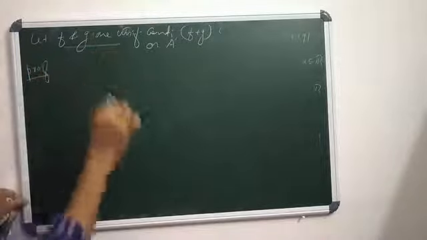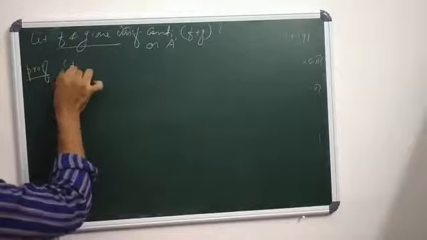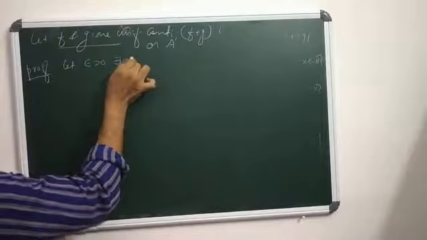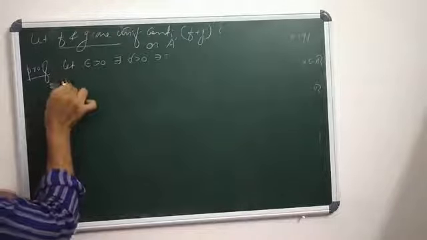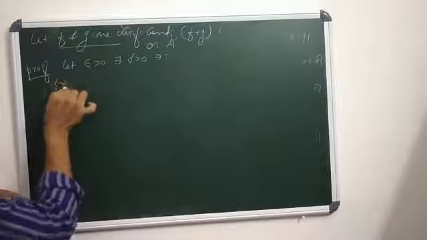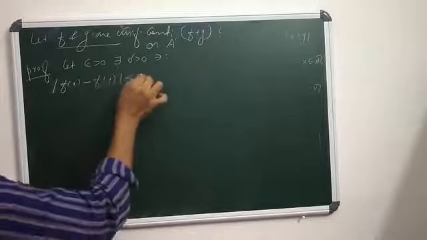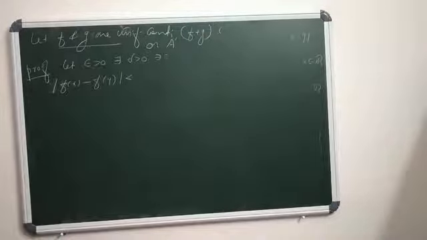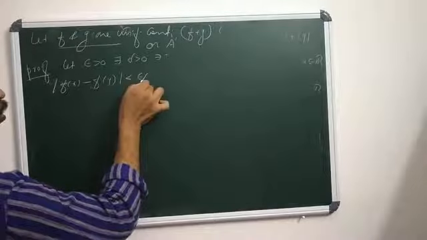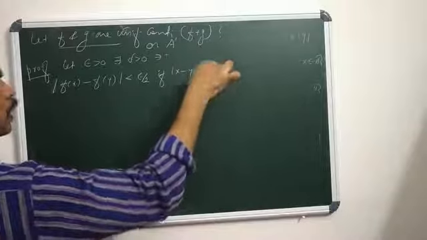f and g are uniformly continuous on E means: let epsilon be positive, there exists delta 1 positive such that f is uniformly continuous, meaning modulus of f of x minus f of y is strictly less than epsilon by 2, provided modulus of x minus y is strictly less than delta 1.